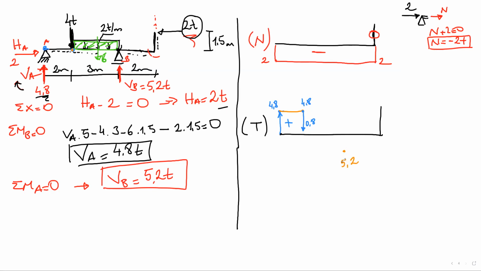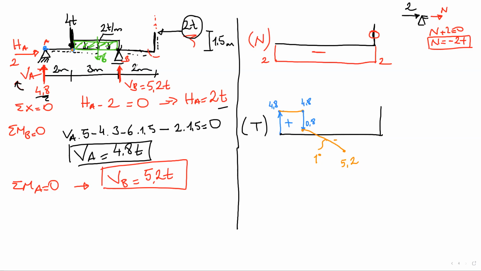This is a negative side. Since there is a uniform distributed load over here, I'm going to connect 0.8 to minus 5.2 with a line, first degree. So the bottom side is the negative side.